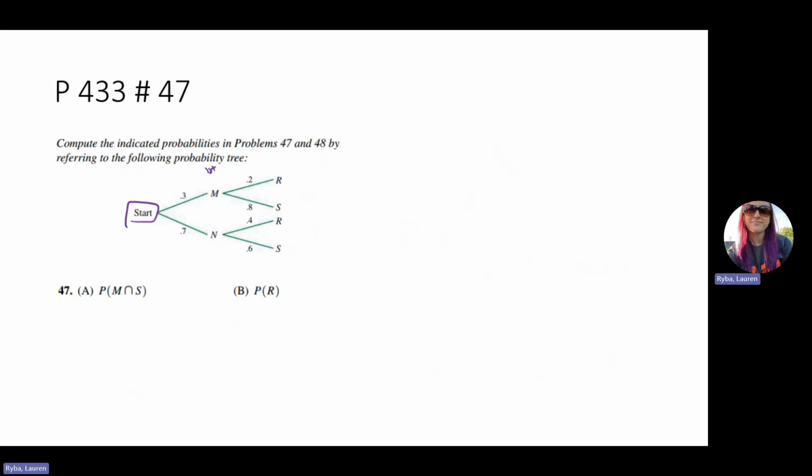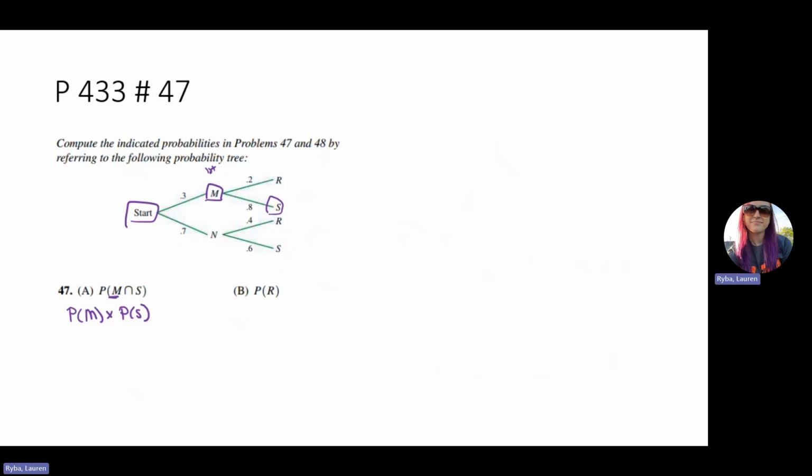First one says the probability of M and S. So I want both M and S to occur. So I can take the probability of M and times by the probability of S. Now, how do I know what their probabilities are?